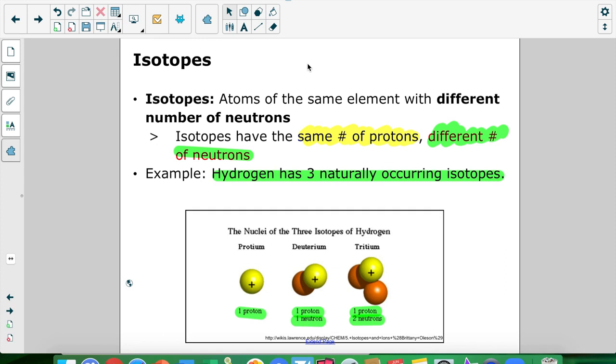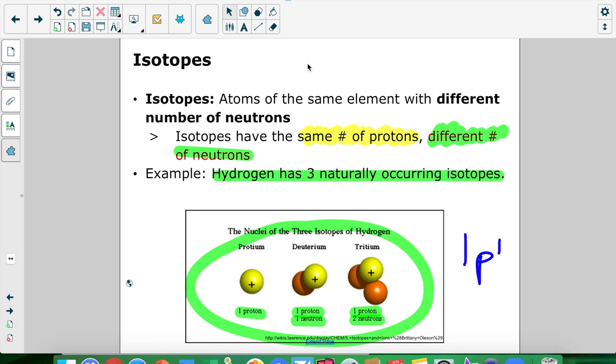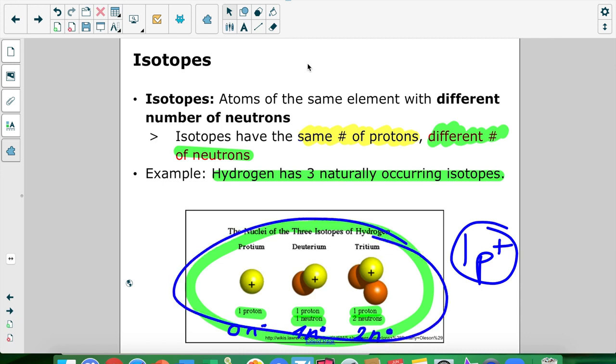That because all of them have only 1 proton, that one proton, that is what makes hydrogen be hydrogen. But then each of the isotopes have different number of neutrons. So this one has 0 neutrons, this one has 1 neutron, and this one has 2 neutrons. That's why these are the 3 isotopes of hydrogen.